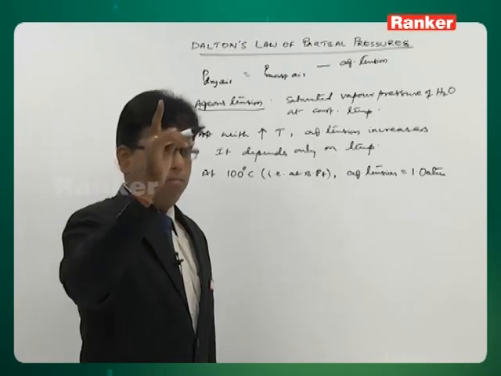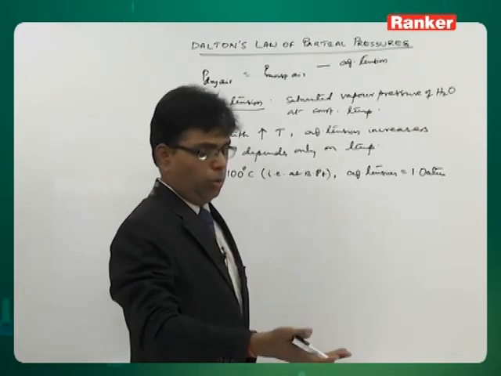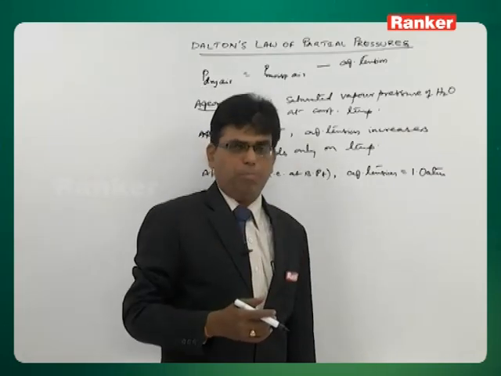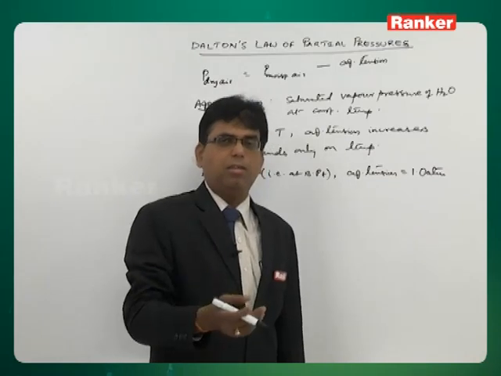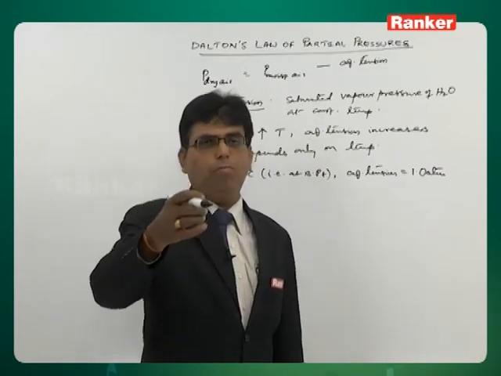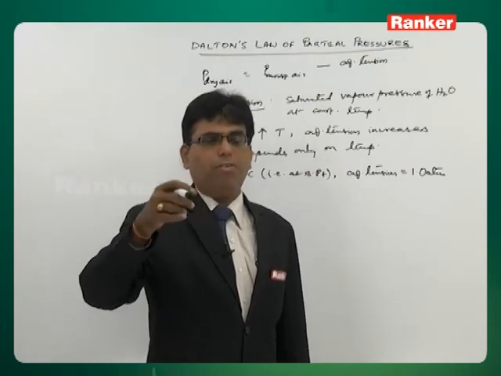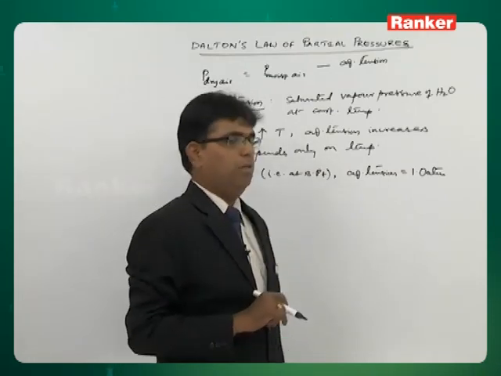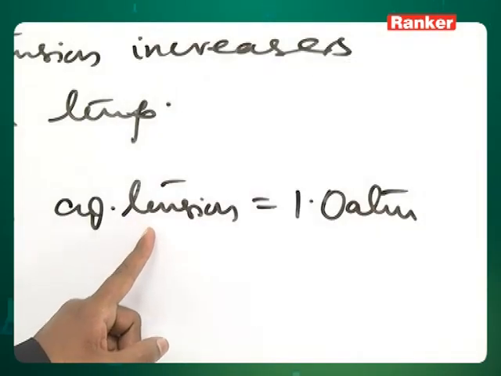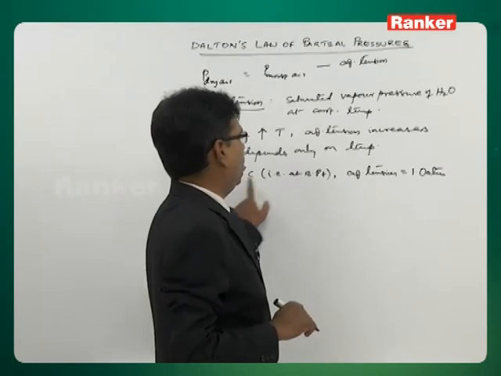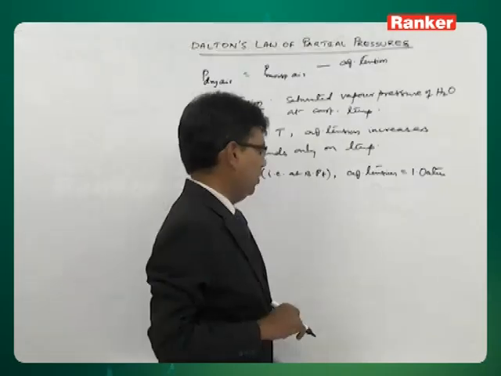At boiling point of water, aqueous tension is 1 atmosphere because the whole liquid evaporates at that particular temperature. In other words, the basic definition of boiling point is the temperature at which vapor pressure of a liquid becomes equal to atmospheric pressure. So, aqueous tension, which is nothing but vapor pressure at boiling point, obviously will be equal to atmospheric pressure, so it is 1 atmosphere.